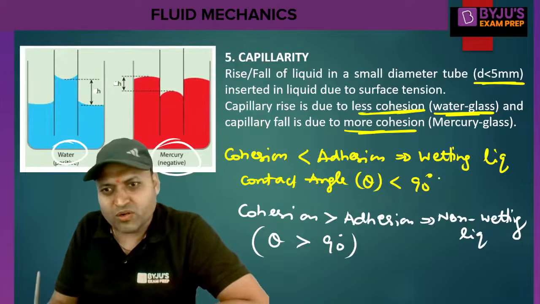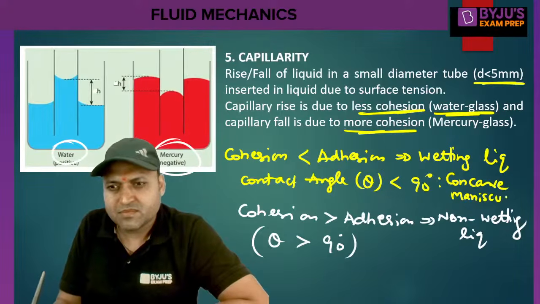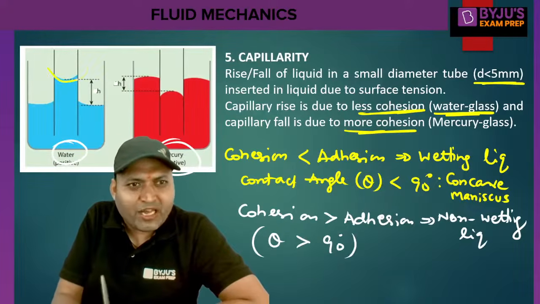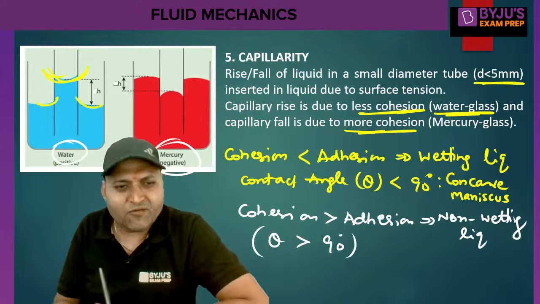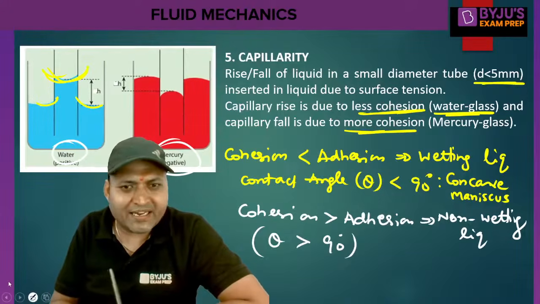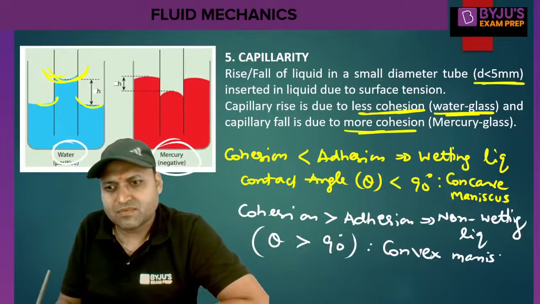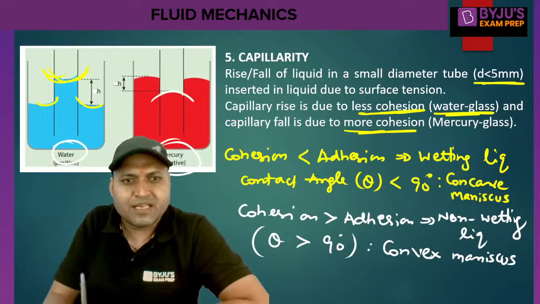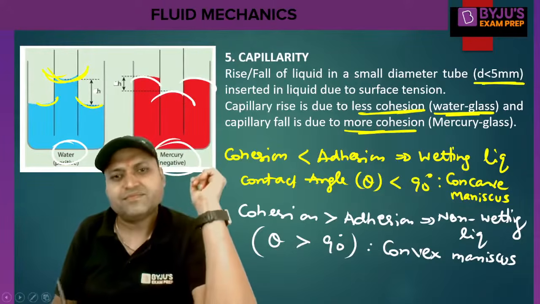If we talk about meniscus, a wetting liquid will give a concave meniscus like this. And for cohesion greater than adhesion, it will give rise to a convex meniscus, like this.